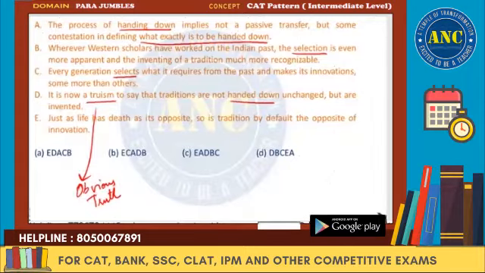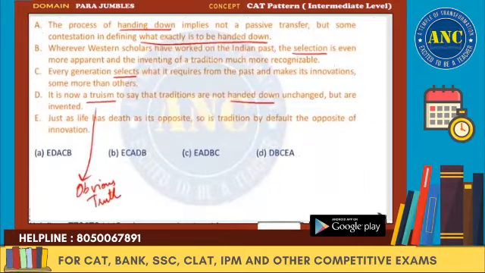So handing down here is also there in A. The process of handing down implies not a passive transfer, but some contestation in defining what exactly is to be handed down. So here he's saying that it's not that it will just be a passive transfer from one generation to another. It will be an active transfer. What does it mean? They will choose. They'll pick and choose what needs to be handed down. What exactly is to be handed down.